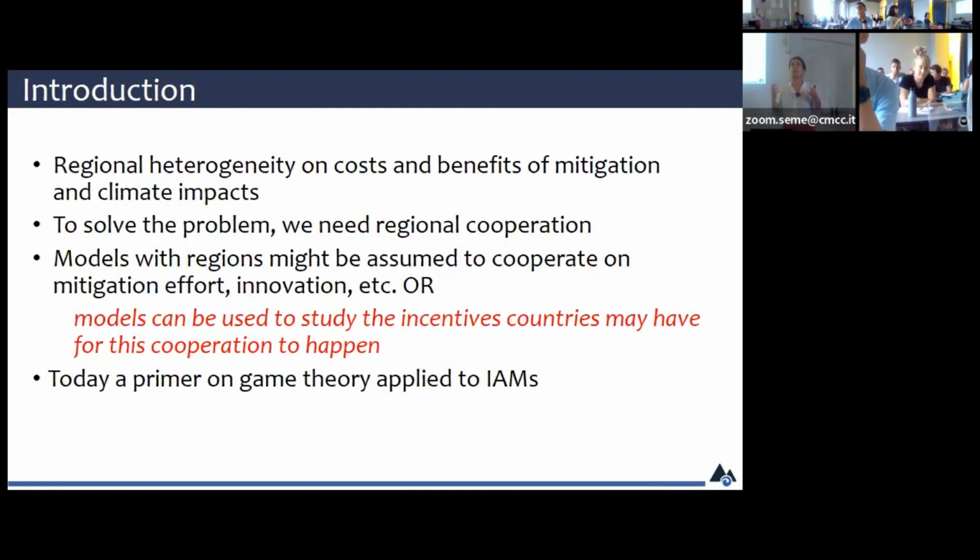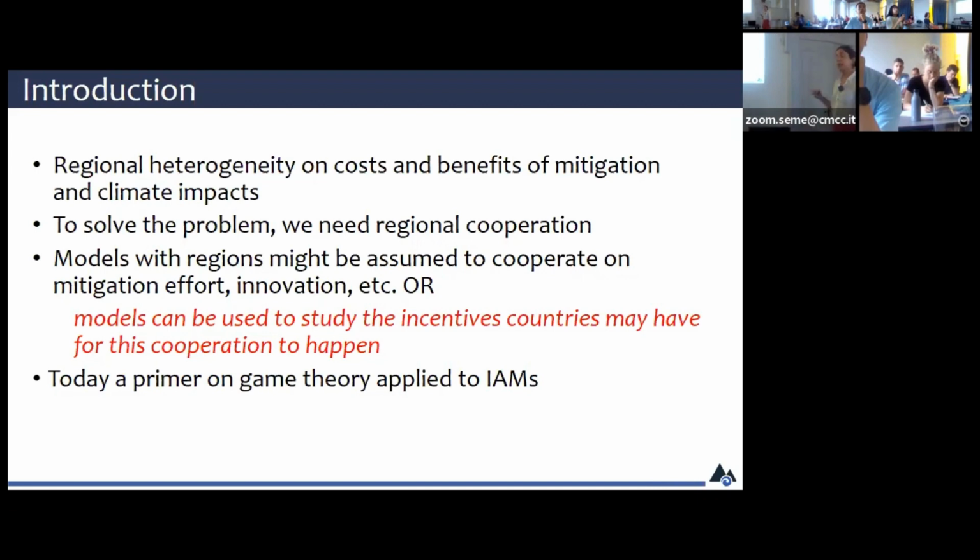But we never take into consideration what the incentives are, how likely it is that a country might accept that, or maybe we do in some ex post evaluation. But what I want to talk about today is how models can be used to study the incentives to do what we enforce on them, to be in a coalition.